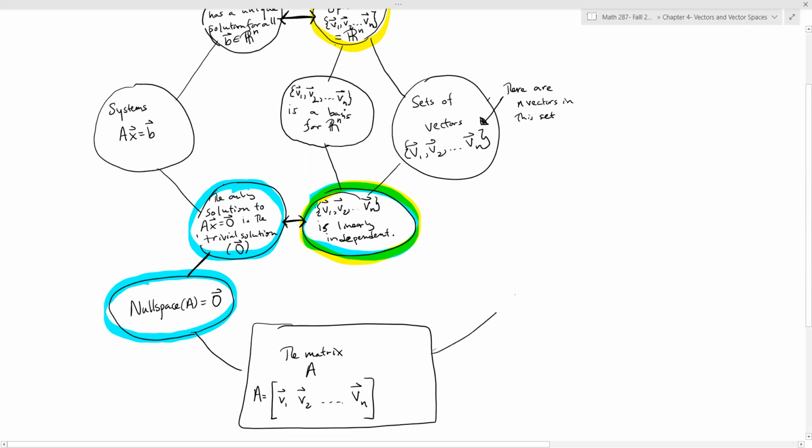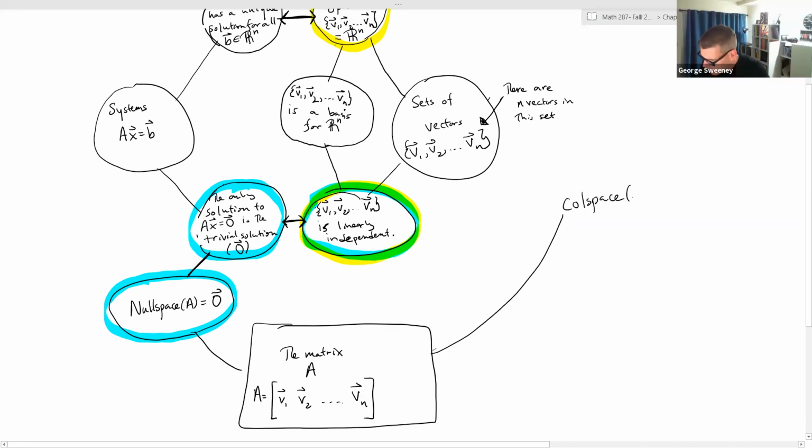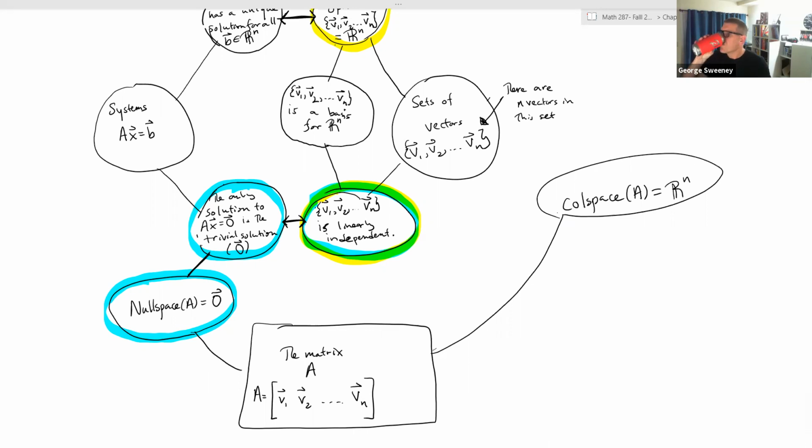Okay. Now we have the column space of A equals Rn. We want to think, what is that related to? Column space of A equals Rn.